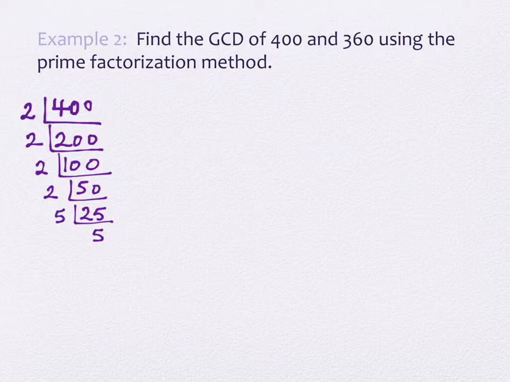Okay? So if I'm looking at the prime factorization of 400, it's 2 to the 4th times 5 to the 2nd.